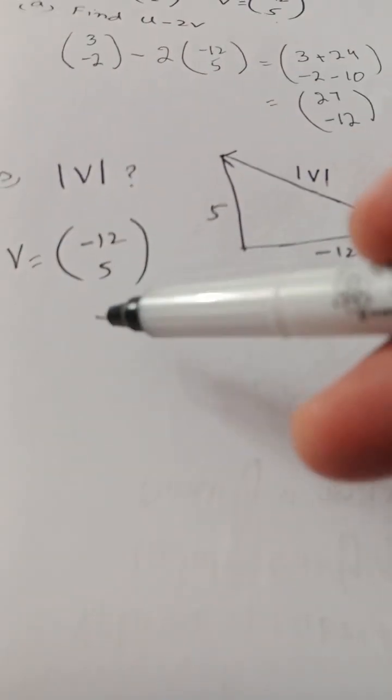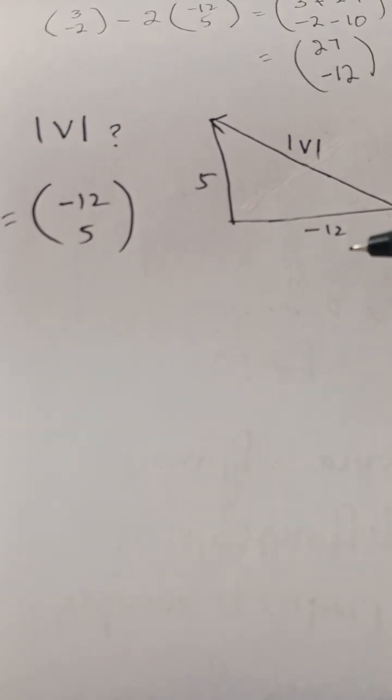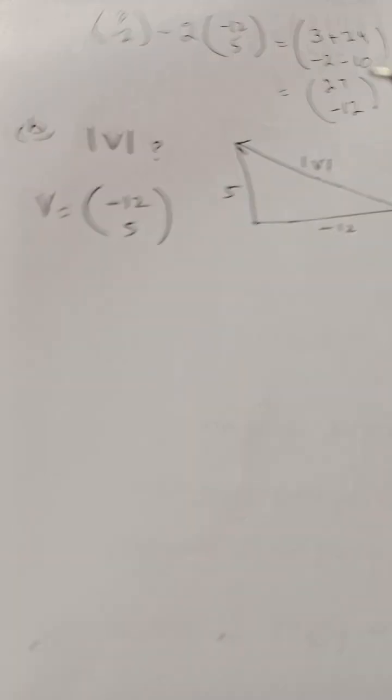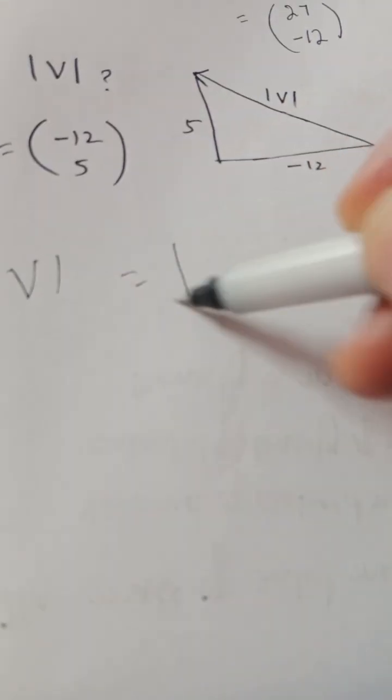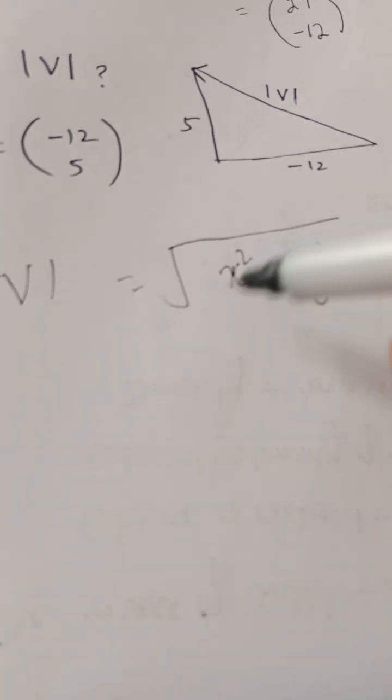In this next part, they are asking about the magnitude of v. As we know that components of vector v are minus 12 and 5, so minus 12 is the value of x here and 5 is the value of y. As we know, magnitude of v will be equal to square root of x square plus y square.